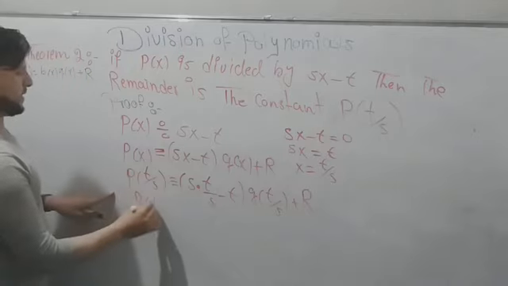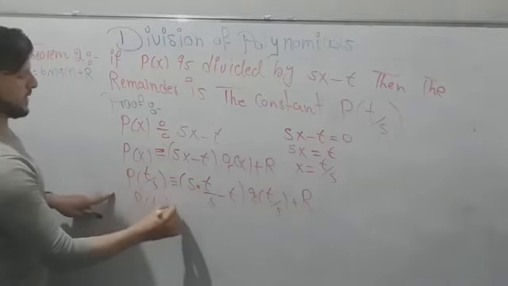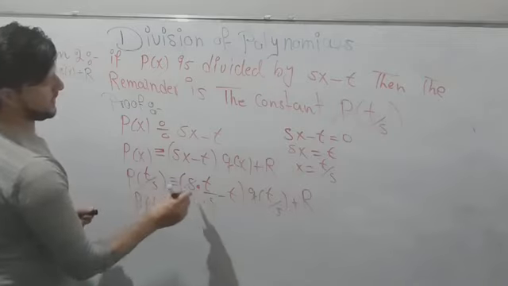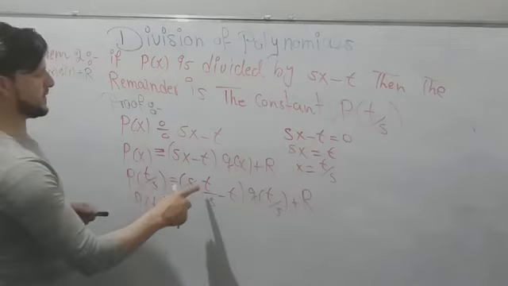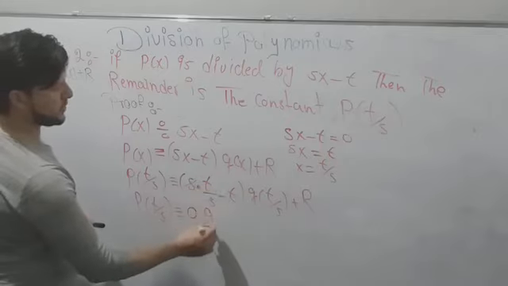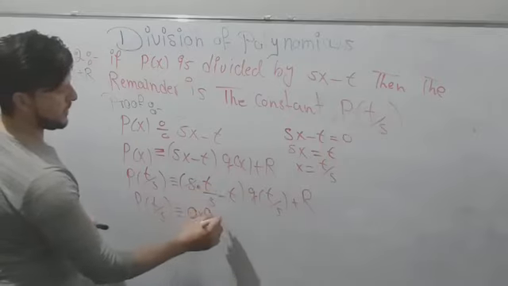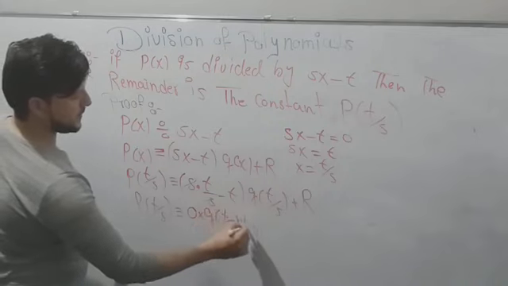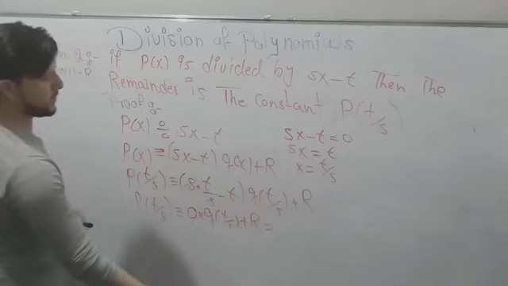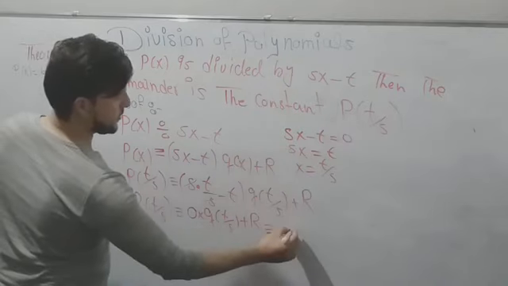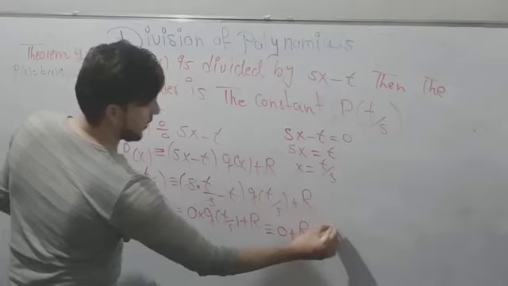So p(t/s) will be equal to: s is cancelled with s, and t minus t is equal to 0. 0 multiplied by q(t/s) plus r is equal to 0 plus r, which is equal to r.